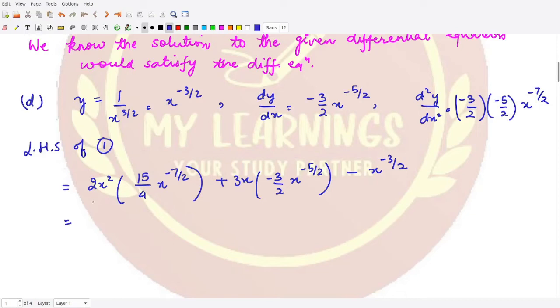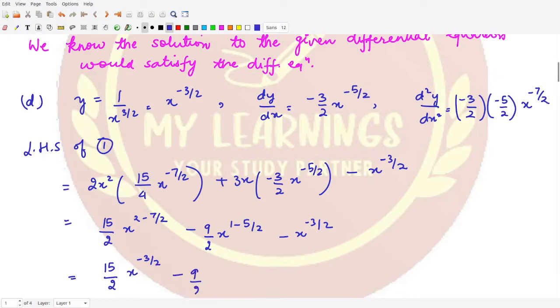So let's compute that. It is equal to 15 divided by 2 x to the power 2 plus 2 minus 7 by 2, right? The next term is minus 9 by 2, it is x to the power 1 minus 5 by 2, and the last term is this one. So just solve this one. Do we have a 0 here? So it is x to the power 4 minus 7, that is minus 3 by 2, right?